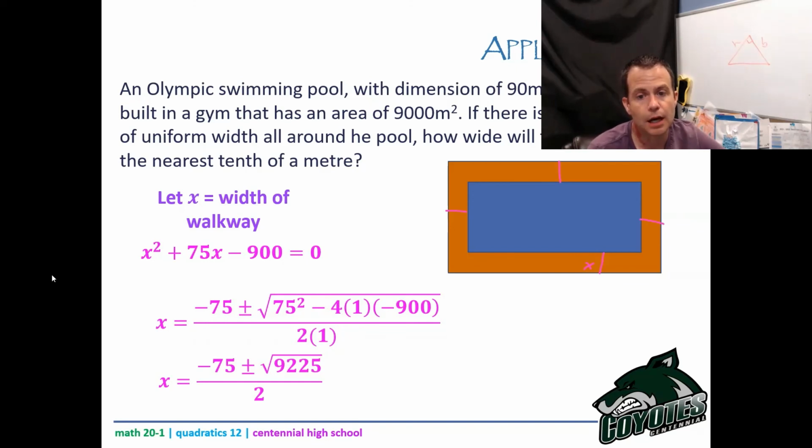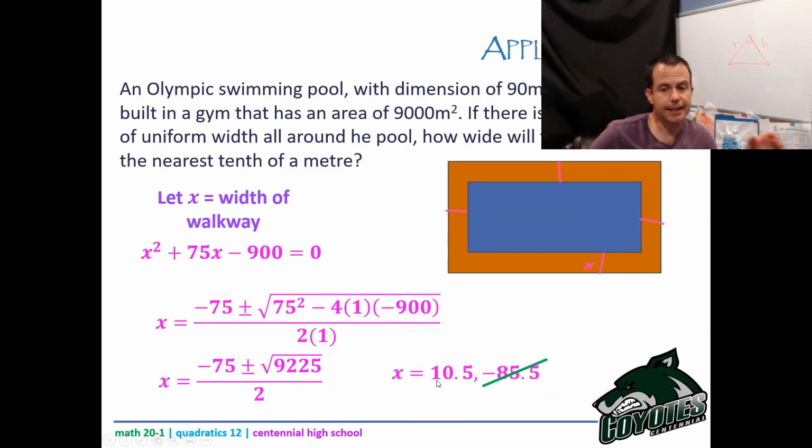But I'm not going to do that because I'm going to go right to a decimal approximation anyway. So I'm going to go negative 75 plus the root of 9,225 all over 2, and negative 75 minus the root of 9,225 all over 2. That's going to give me two answers, 10.5 and negative 85.5.